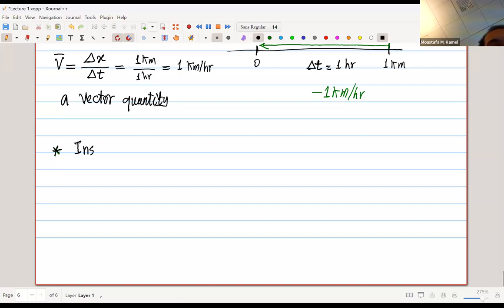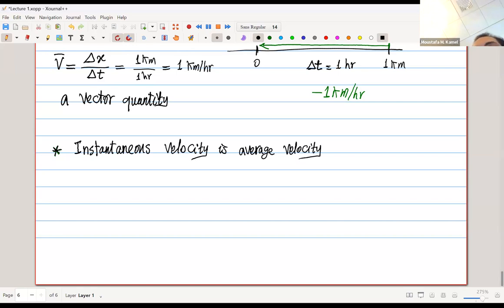So instantaneous velocity is average velocity over an infinitesimal amount of time.